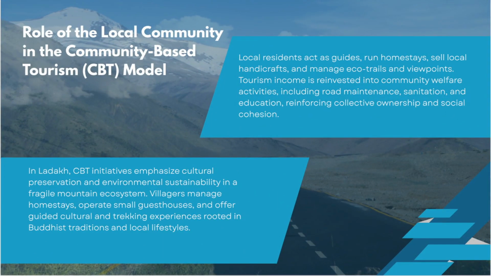Local residents act as guides, run homestays, sell local handicrafts, and manage eco trails and viewpoints. Tourism income is reinvested into community welfare activities, including road maintenance, sanitation, and education, reinforcing collective ownership and social cohesion.